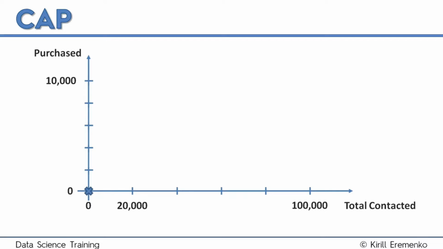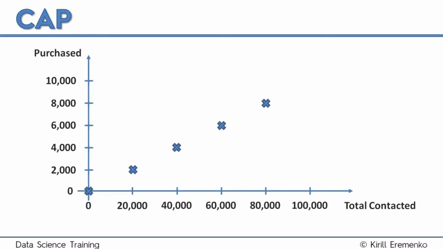Well, because this is a random sample and we know that about 10% respond, we would say about 2,000 would respond. Fair enough, right? If we send the offer to 40,000 of our customers, then about 4,000 will respond. 60,000, 6,000, 80,000, 8,000, 100,000, then 10,000 of our customers should respond.